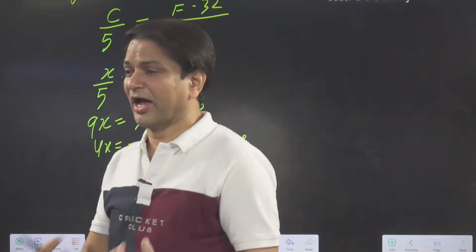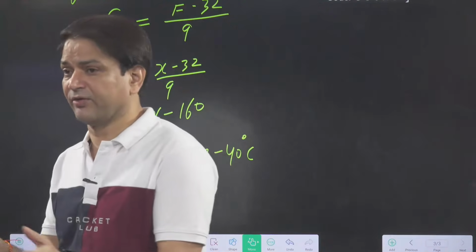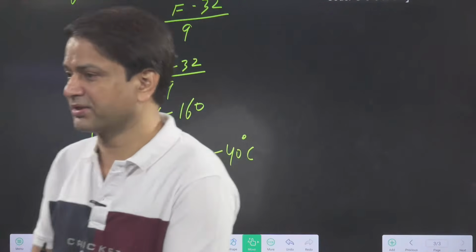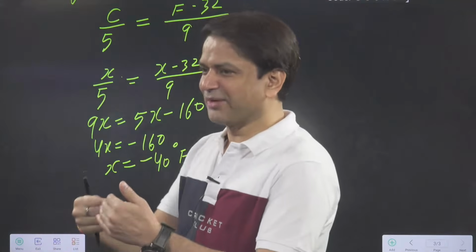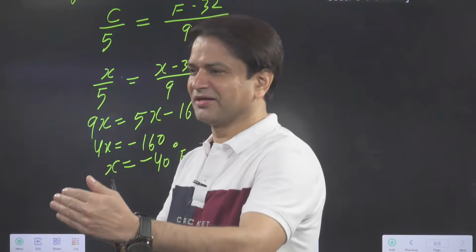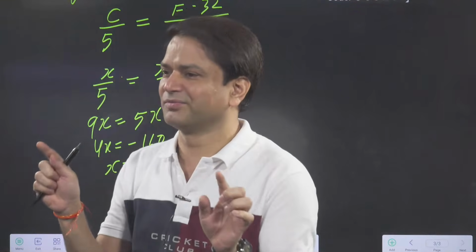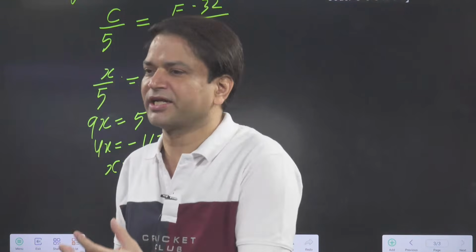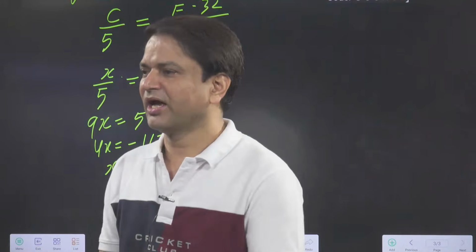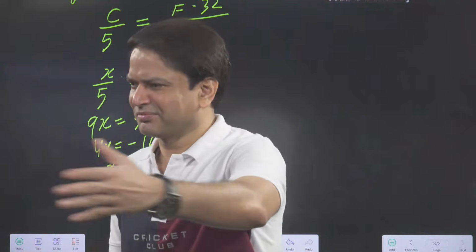So this value we learned, minus 40 degree C or minus 40 degree F, the reading will be the same at this temperature. One time I was going to Delhi in an Air India flight, and in that aeroplane every seat had one screen. That screen was showing the height and the temperature. I remember it happened last year.